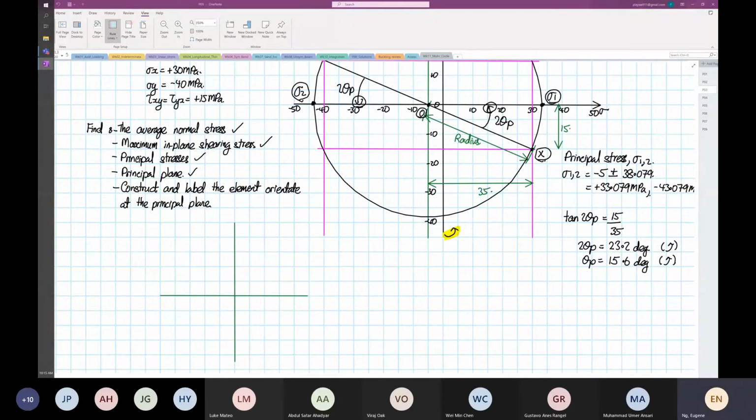So this is about 16 degrees anti-clockwise, or 15.6 degrees. Anti-clockwise, so it has to comply with the rotation direction. That's why the rotation direction is important.